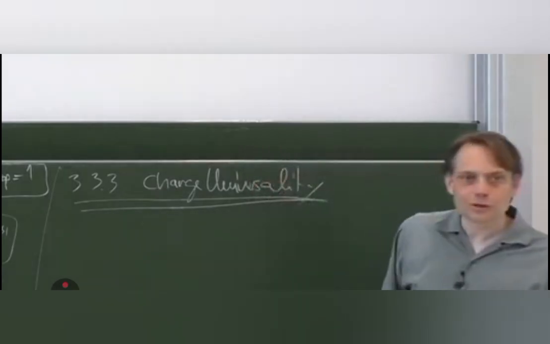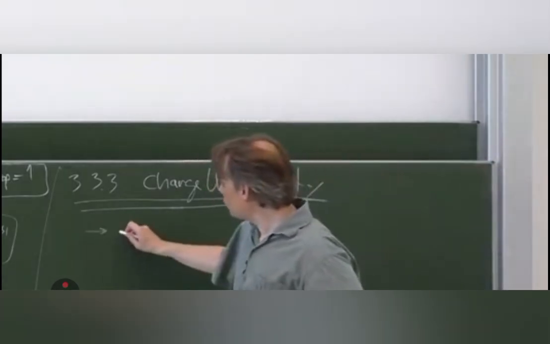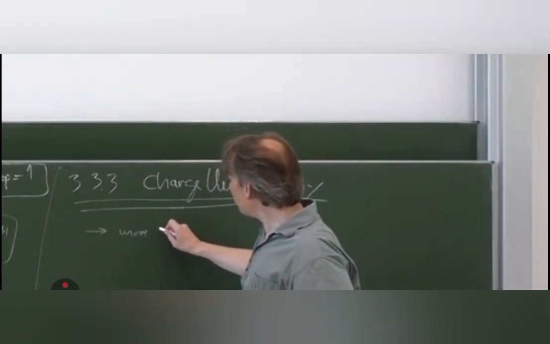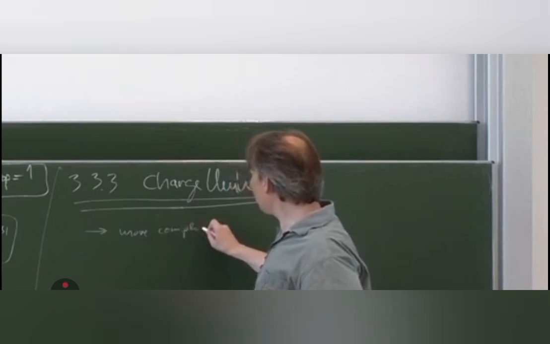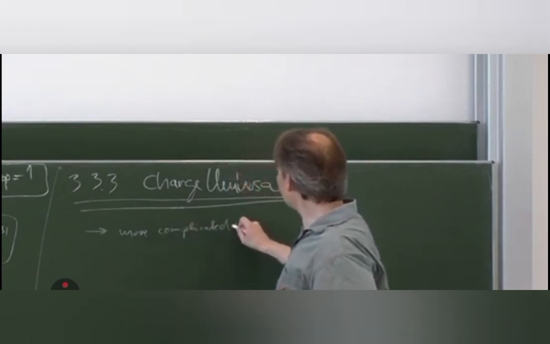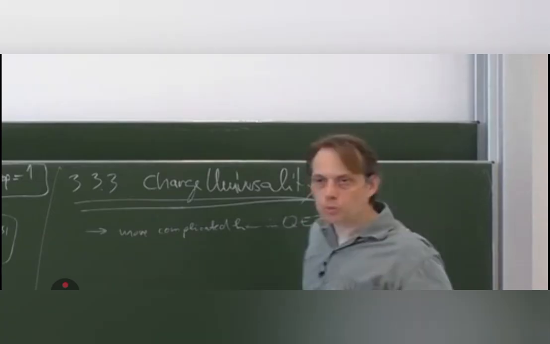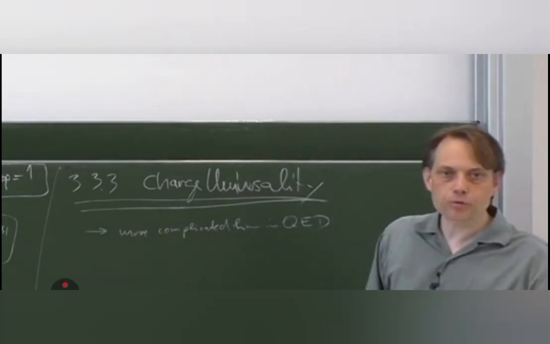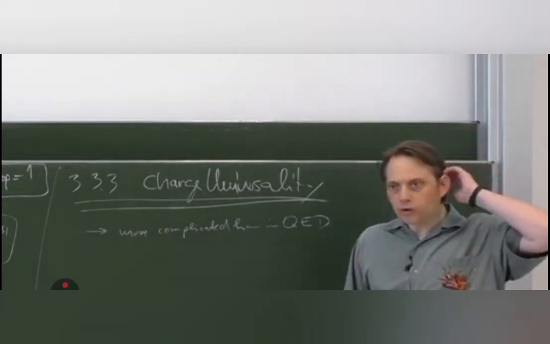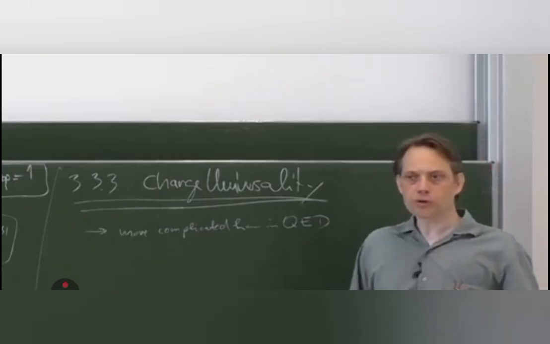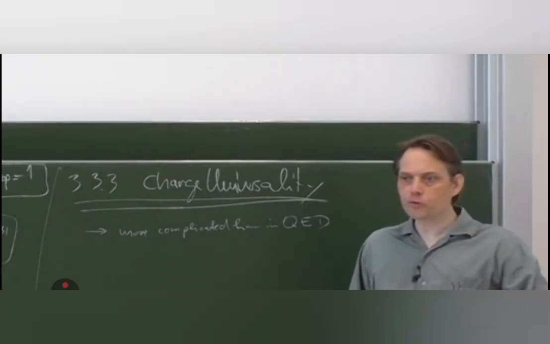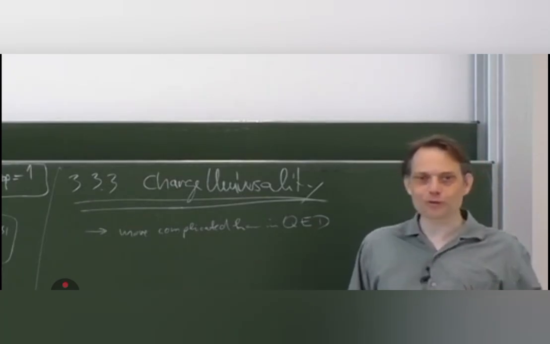So, as I said, this discussion is more complicated than in QED. And what happened actually in QED, if you remember? In QED, we used a quite simple Ward identity, which was discussed by some of you also yesterday in the seminar.